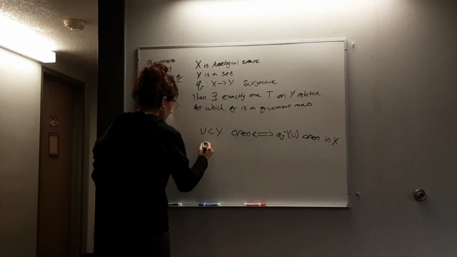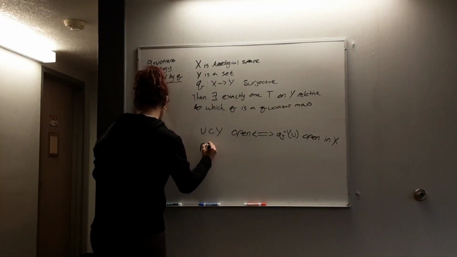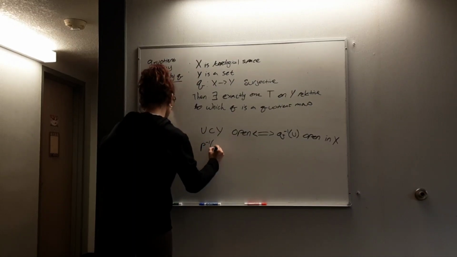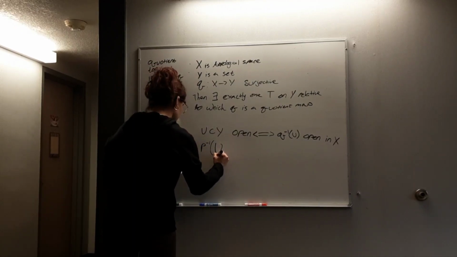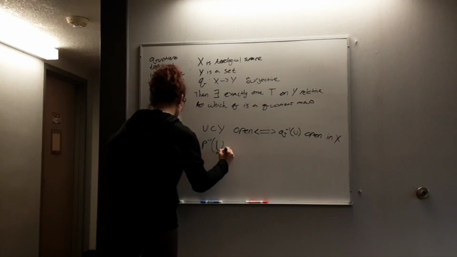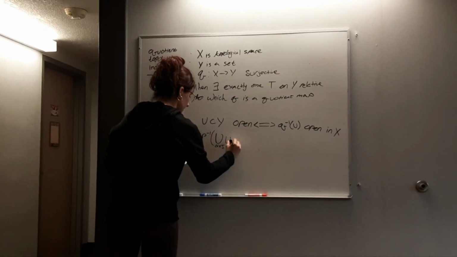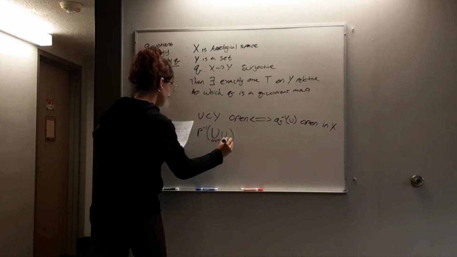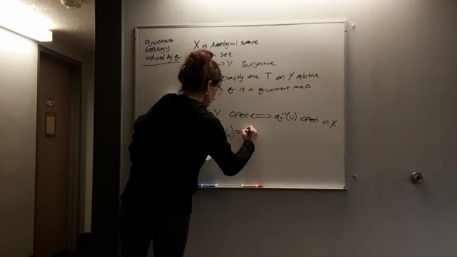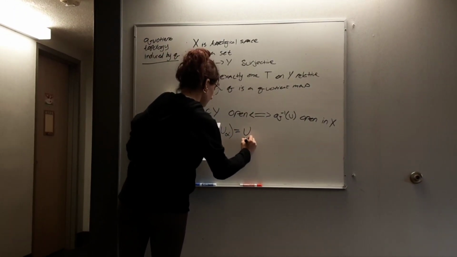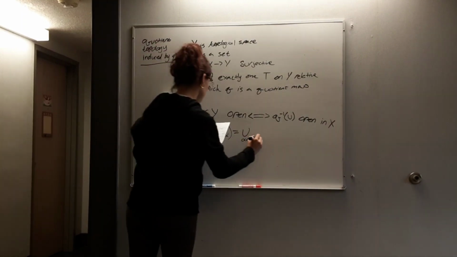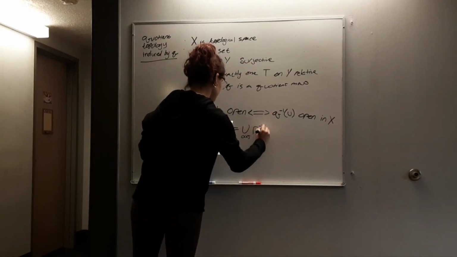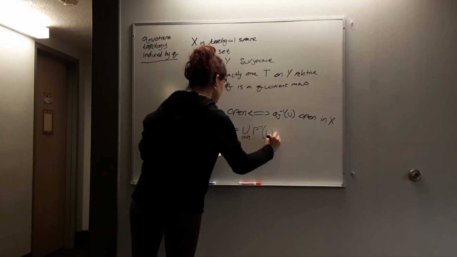So we have P inverse of the union over all alpha in J of U alpha equals the union over alpha in J of P inverse of U alpha.